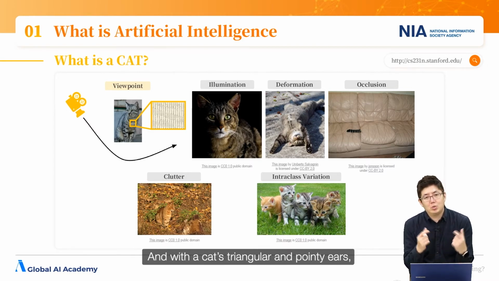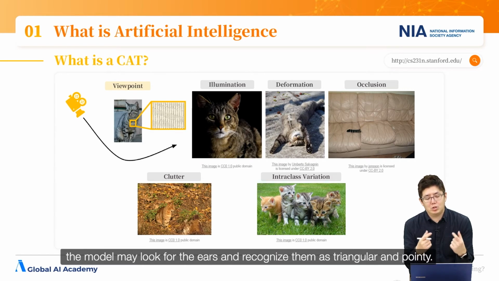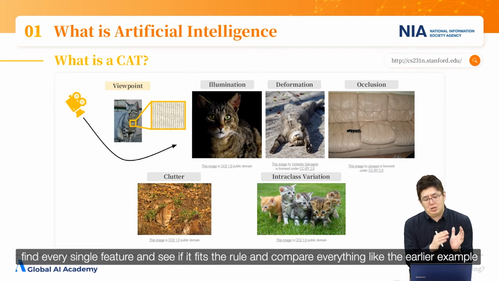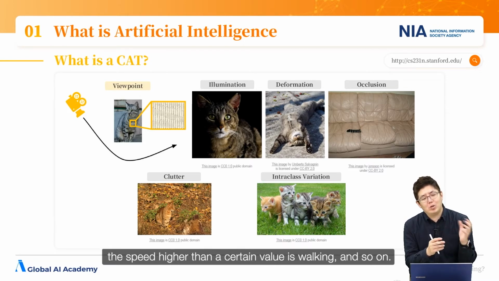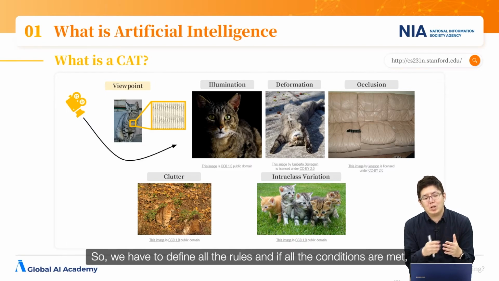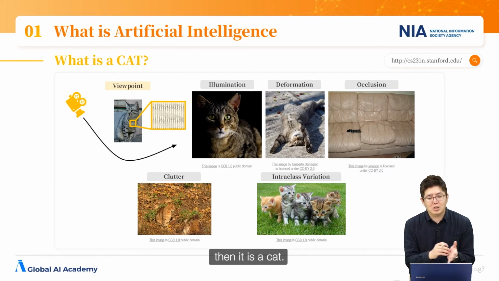And with a cat's triangular and pointy ears, the model may look for the ears and recognize them as triangular and pointy. Define these rules, find every single feature and see if it fits the rule, and compare everything like the earlier example. The speed higher than a certain value is walking, and so on. So, we have to define all the rules, and if all the conditions are met, then it is a cat.